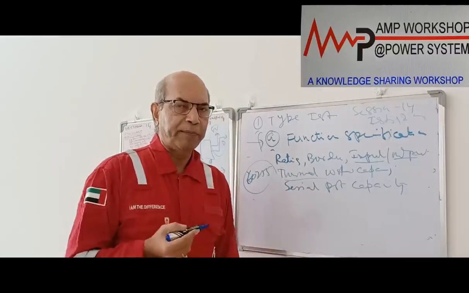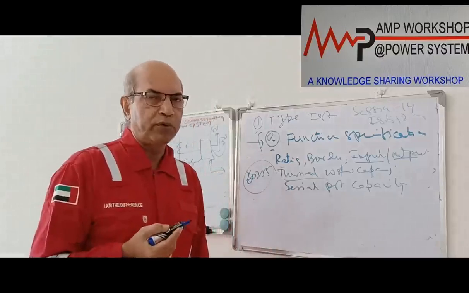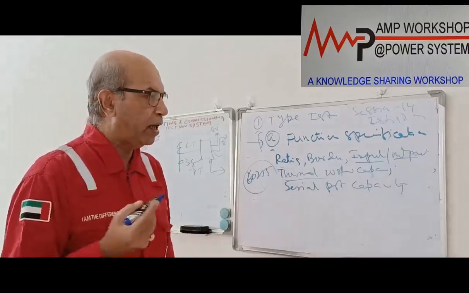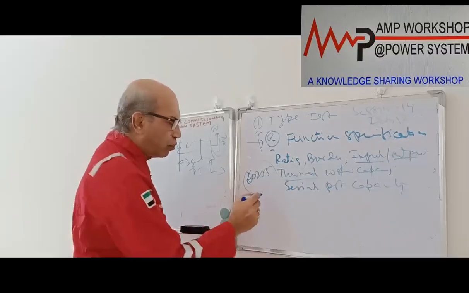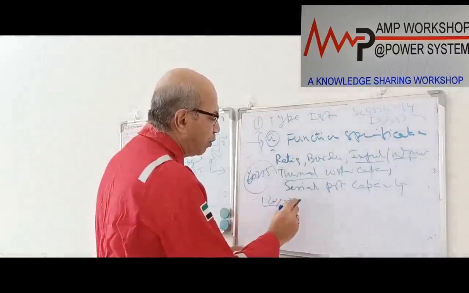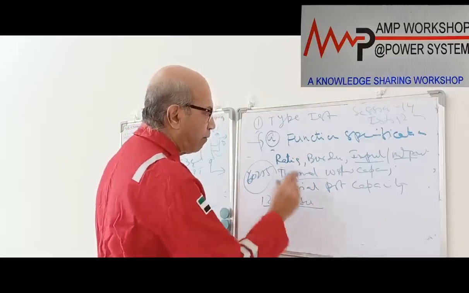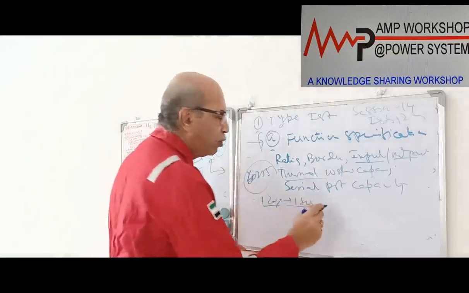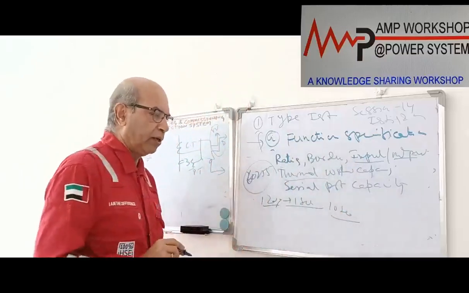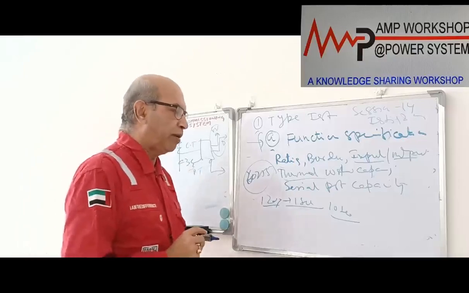Suppose the input is a 5 ampere input, we put 20% more input and see the condition. In the case of CT, we do 120% loading for 1 second, and for the PT and all other devices we do it for 10 seconds, when we do the overload thermal withstand check of these various input output devices.